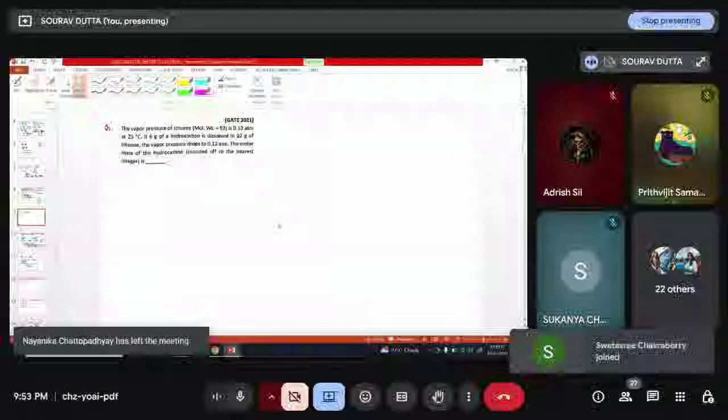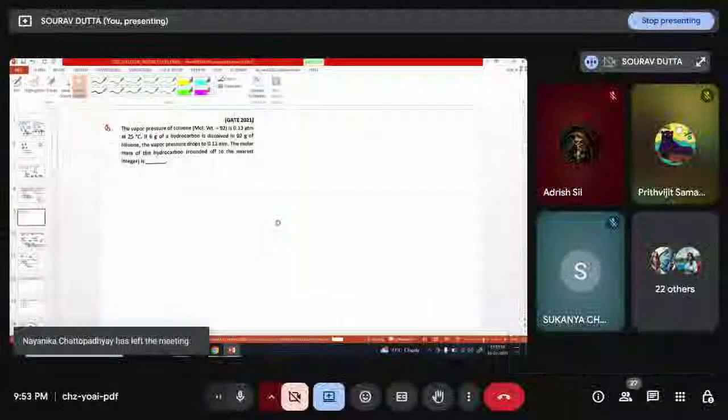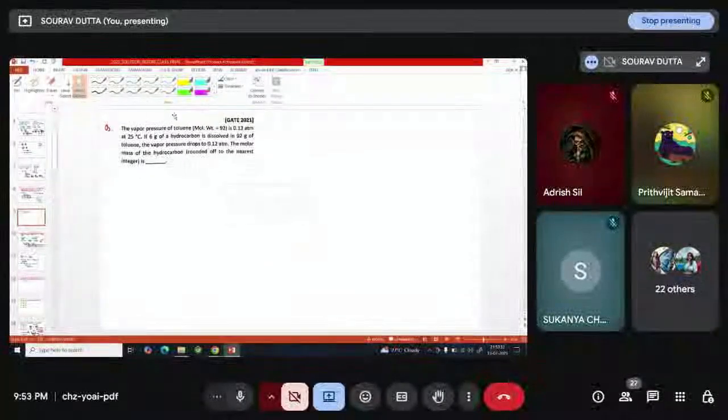So which information is given to you? Always write the information in symbolic way. The vapor pressure of toluene is given to you: vapor pressure of toluene is 0.13 atm.